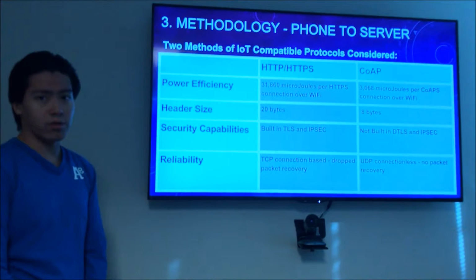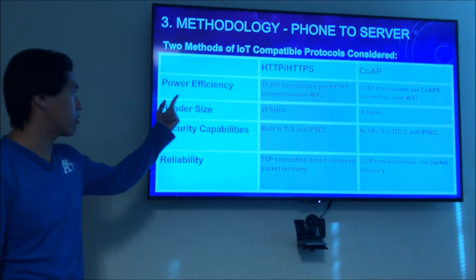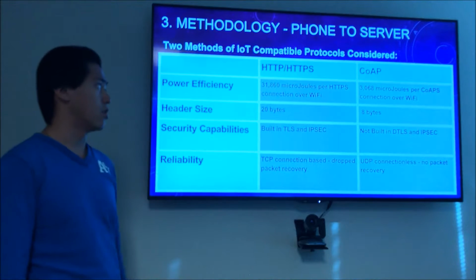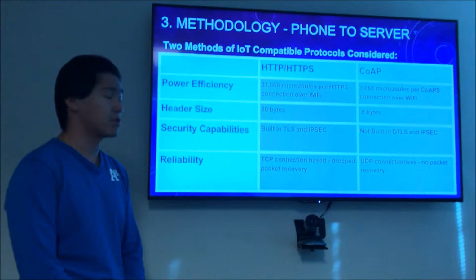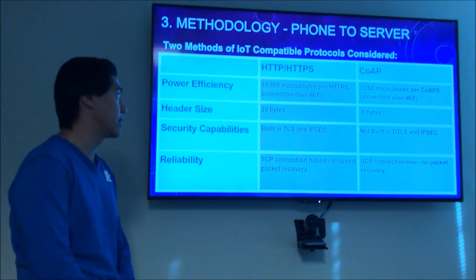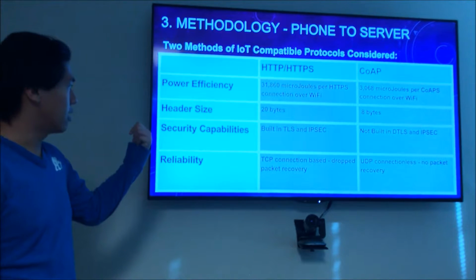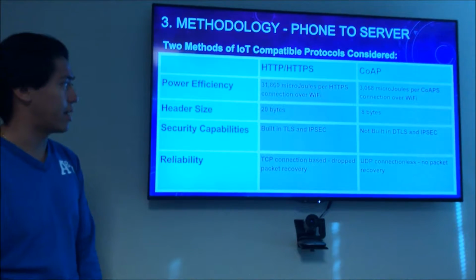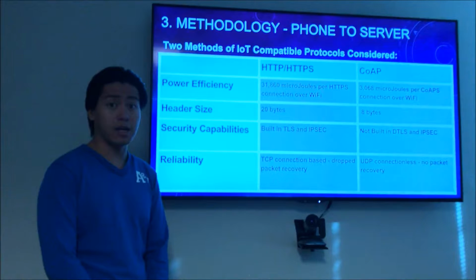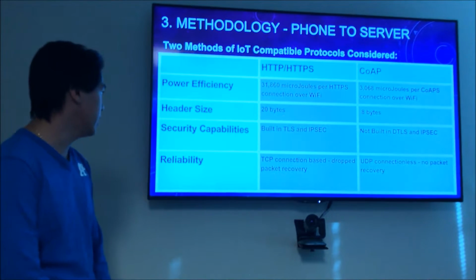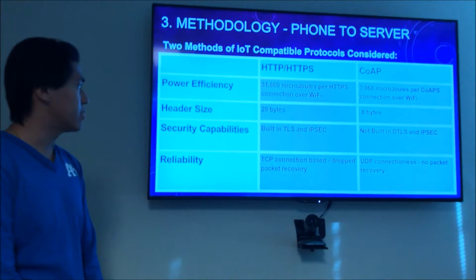So we looked at several areas. We looked at the power efficiency, and we can see that CoAP is much more efficient in using power than HTTPS. Also looking at header size, CoAP had a smaller header size, 8 bytes compared to the 20. And then we looked at security capabilities.